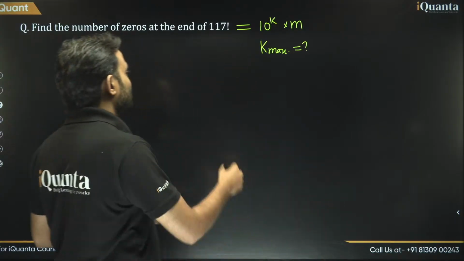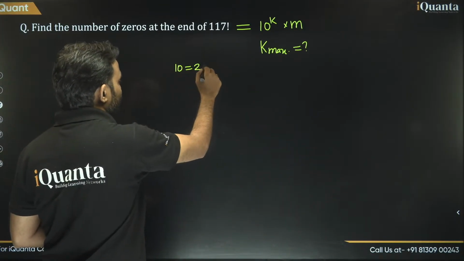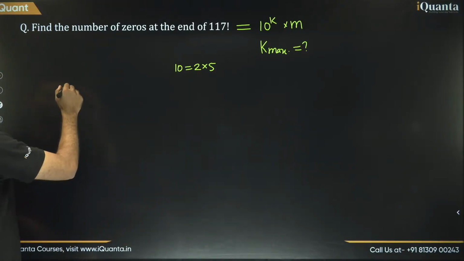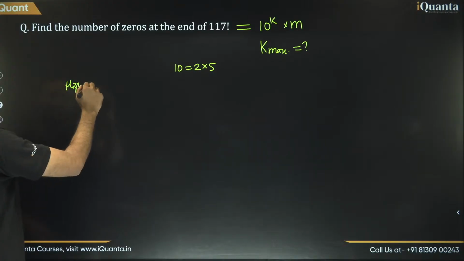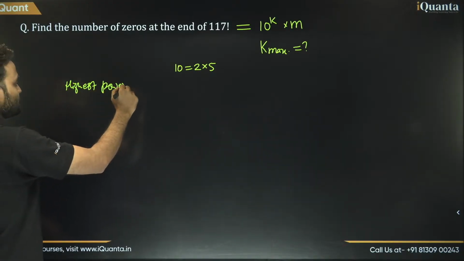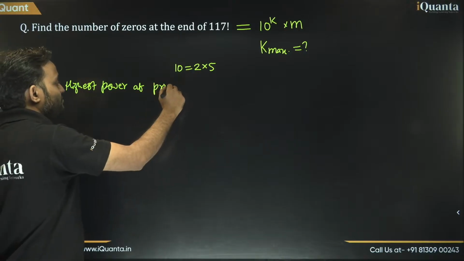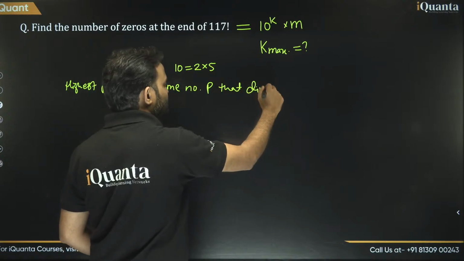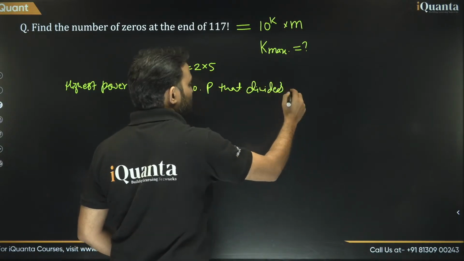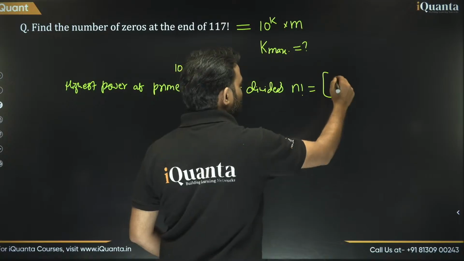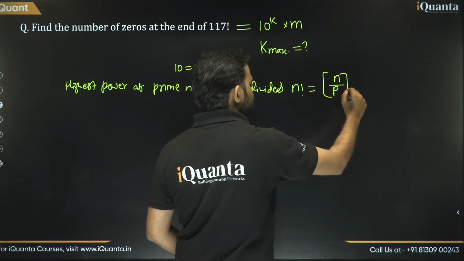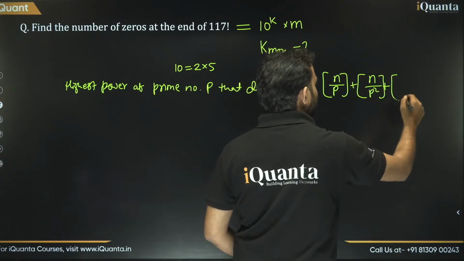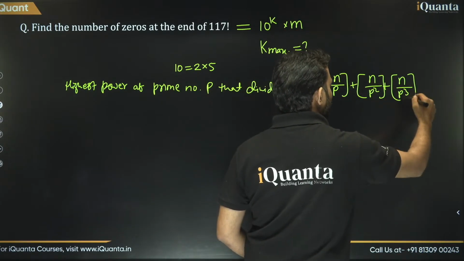Now what do we know? That 10 is equal to 2 into 5. So if you need to find the highest power of a prime number p that divides n factorial, it is equal to greatest integer of n divided by p, plus greatest integer of n divided by p square, plus greatest integer of n divided by p cube, and so on.